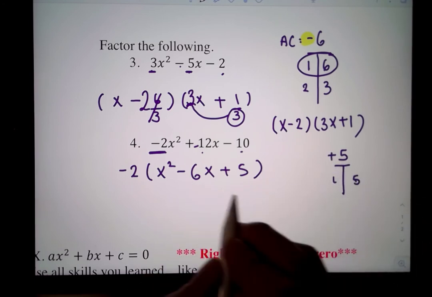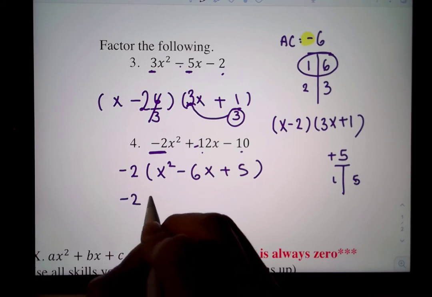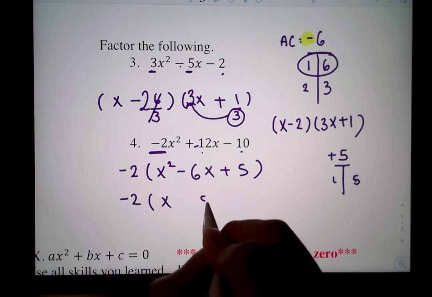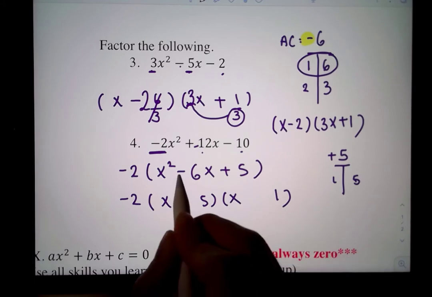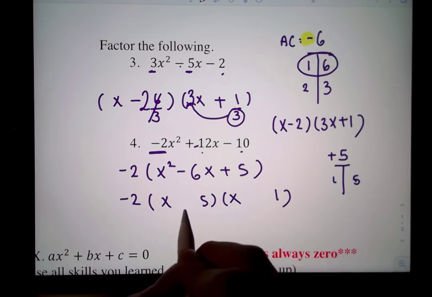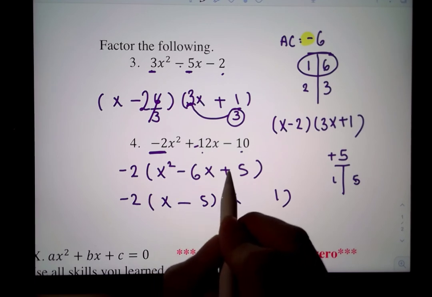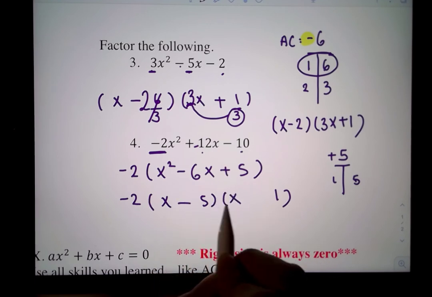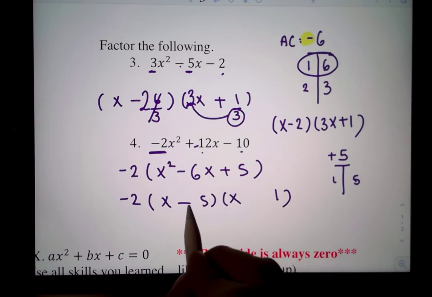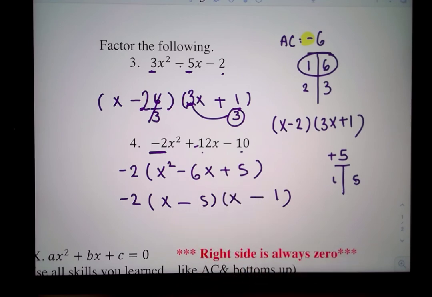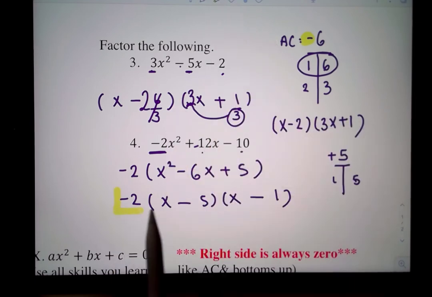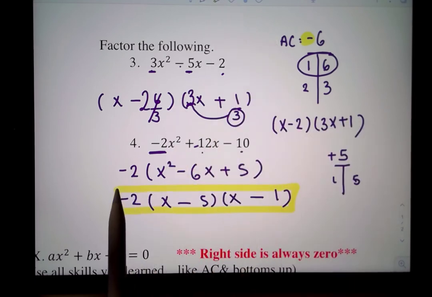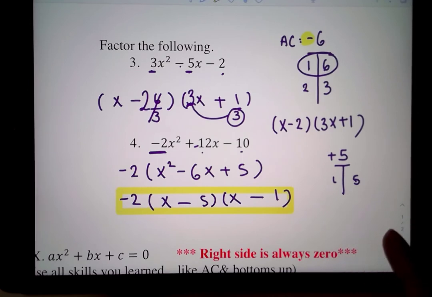So these are my numbers. So just bring it down. X, 5, X, 1. In the middle, the first parenthesis is the same as the middle one, so minus here. But you want to get positive, right? After you multiply, you want to get positive, so that's negative here. Okay, so this is your factored form, right? This is your factored form.